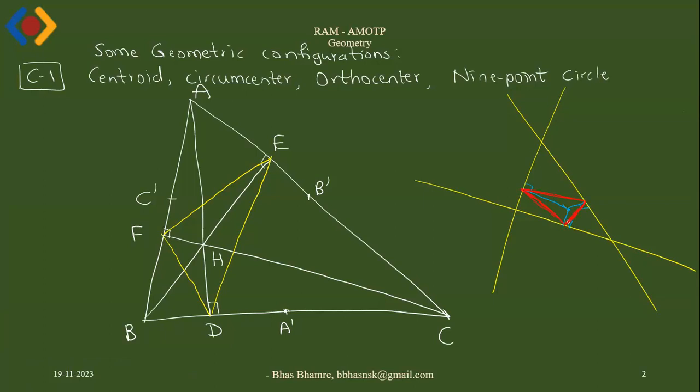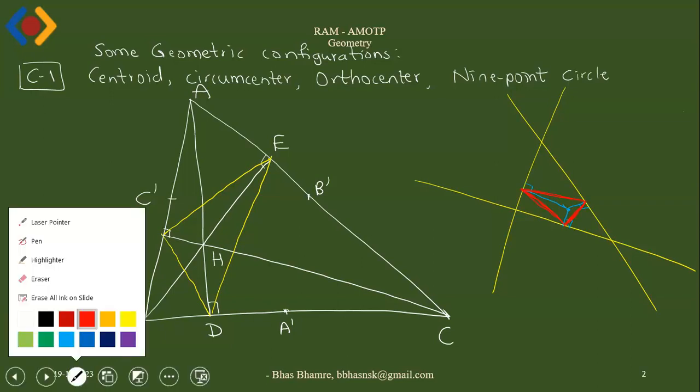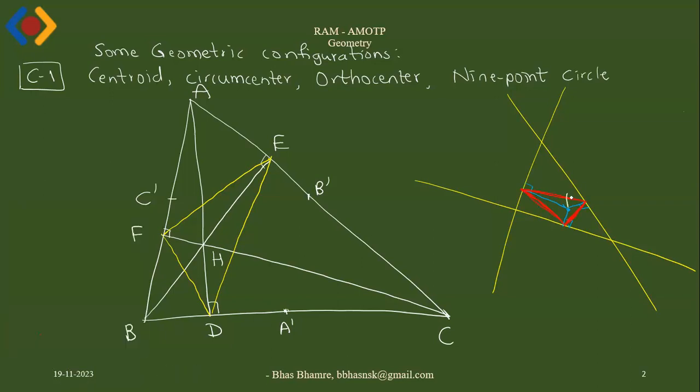Such a triangle is termed the pedal triangle of that point. Suppose I consider that point as P. So that is the pedal triangle with respect to point P of triangle ABC. If our point P is exterior, then we may have the perpendicular feet like this.